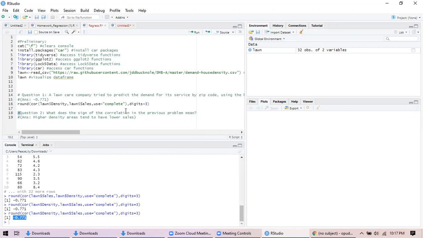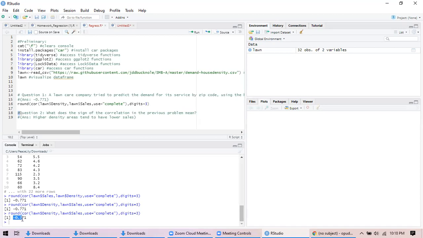So what do you think the answer is to this one? I think it's higher density areas, based on this result here.